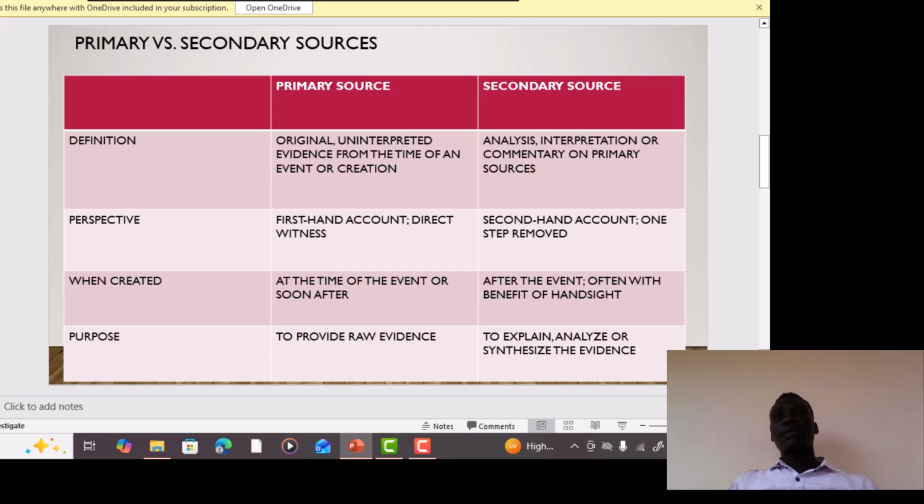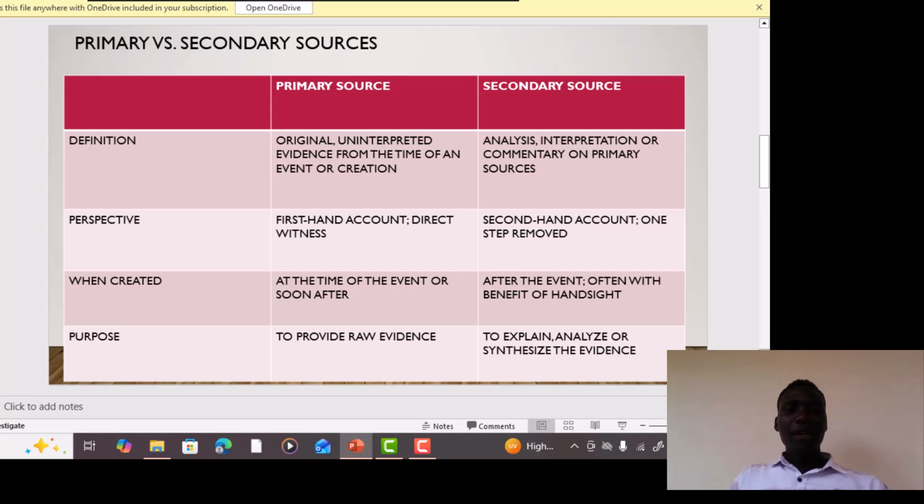So what do we mean by the term hindsight? Hindsight in this case refers to information that has had the opportunity to be edited or worked upon to come out with something better. That's the meaning of hindsight in this context.